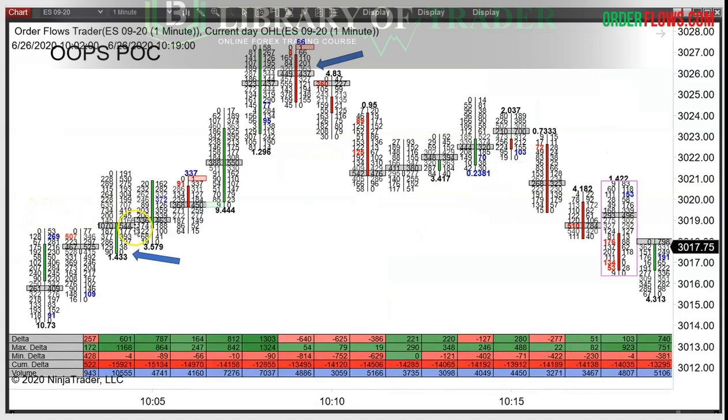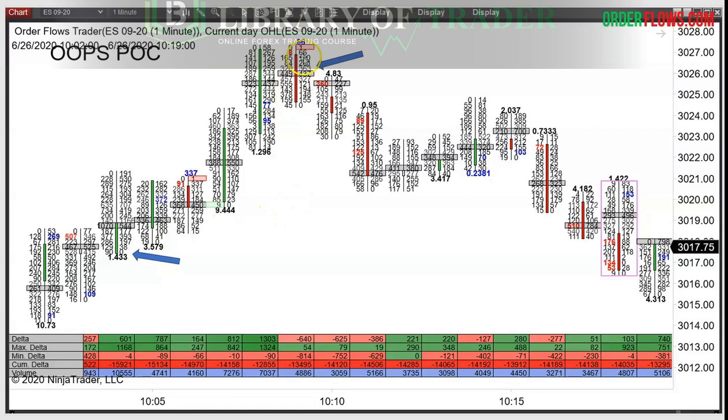Okay, here's another example, right? We opened below the prior bar's POC, we closed above it. That's your trade. When we open right on it, it's usually not a trade I'm looking to take. I'm looking for a clear open and close above. When it opens right on it and closes above it, to me that's not a clear indication of the trade to take.